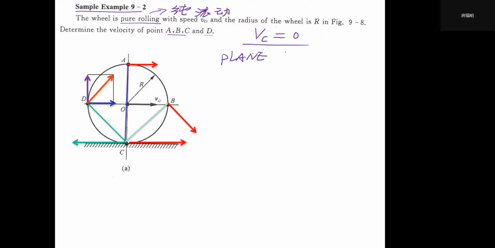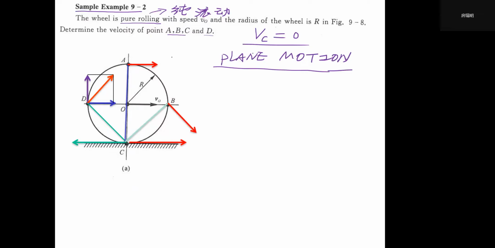P-L-A-N-E motion. Why? Because we can think about it at different time moments: it will have a translation part and a rotation part, because actually this wheel is rolling on the ground, right? It's a typical plane motion rigid body.